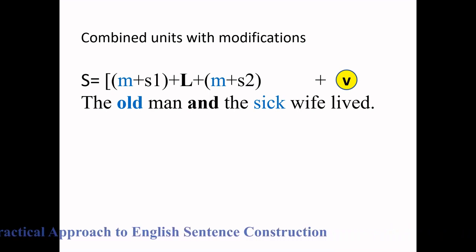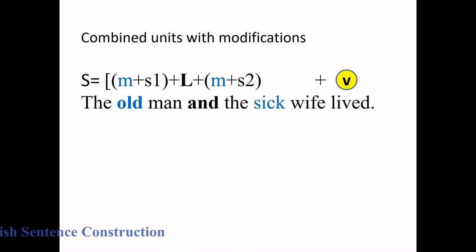So we write the old man and sick wife lived. So that is how you get combined sentences, combined units with subunits combination. That is why they are called combined units.